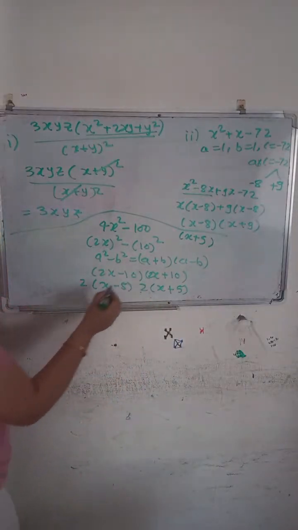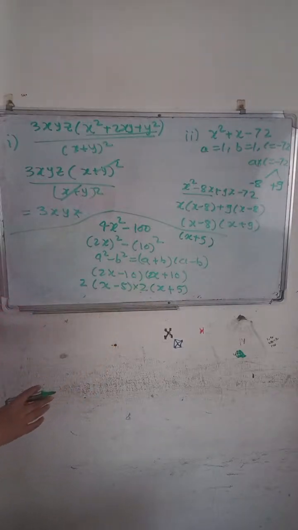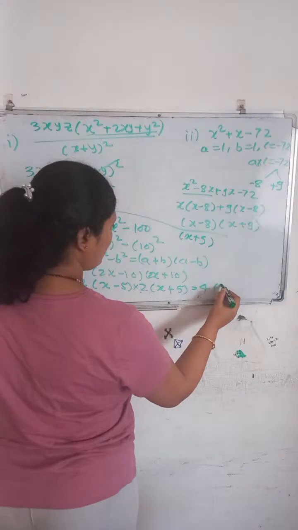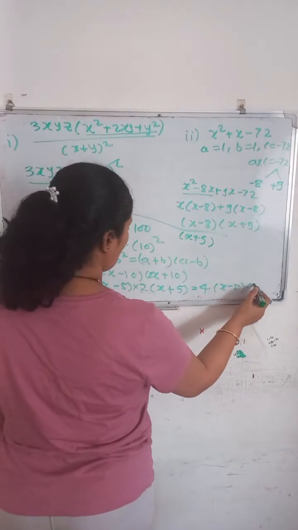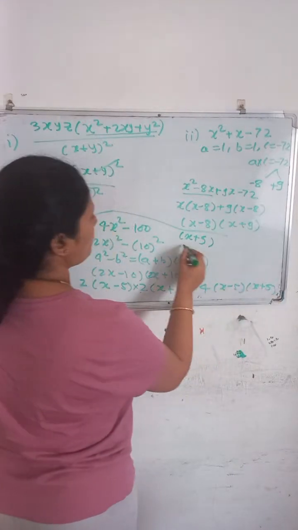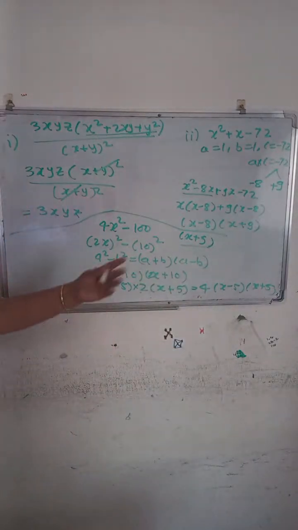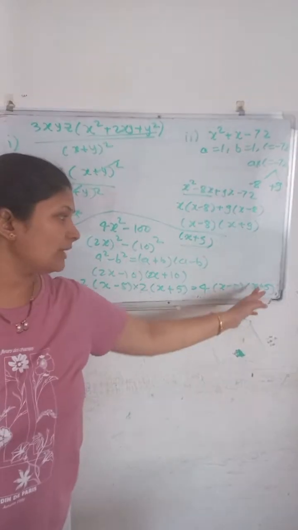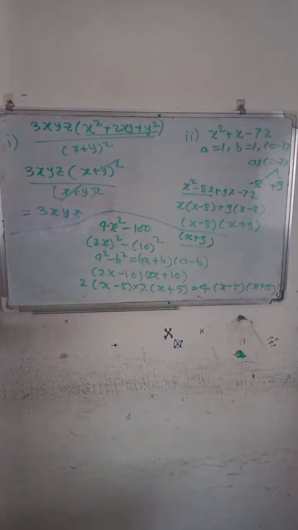So here multiplication is there. 2 into 2 is 4. So 4 outside the bracket, (x minus 5)(x plus 5). So one is x plus 5, then another should be x minus 5. Getting this? Understood? Another factor should be remaining 4 into x plus 5. Sorry, 4 into x minus 5.